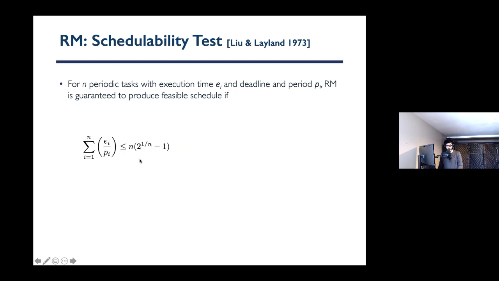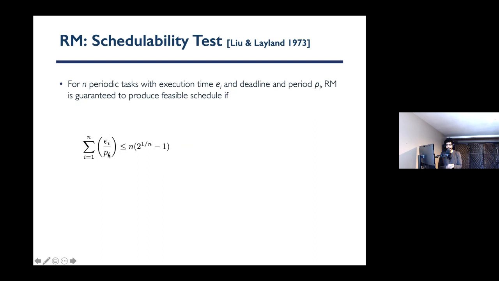So let's look at this formula. On the left-hand side, you have the summation of Ei divided by Pi. If you go back to the slides before and think about what Ei divided by Pi means, it was the utilization of the task.